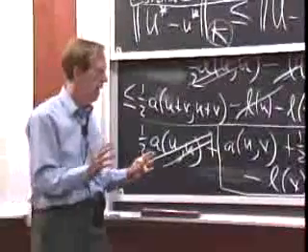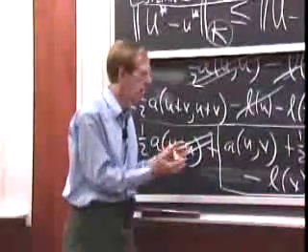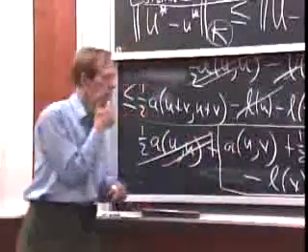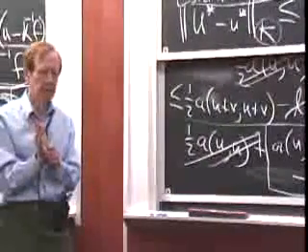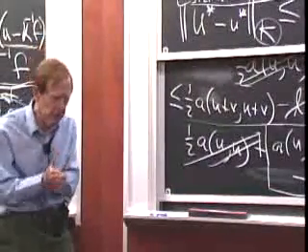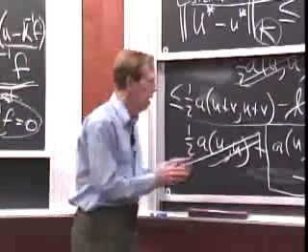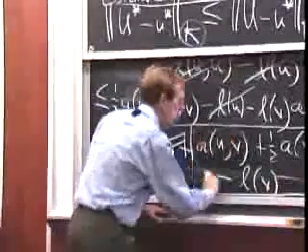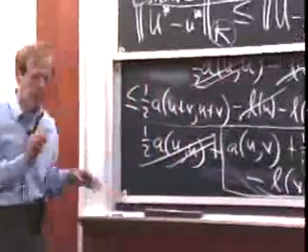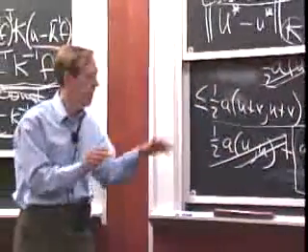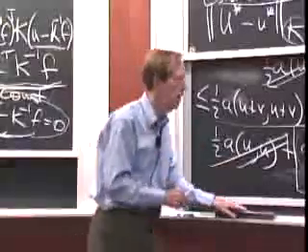So what has to happen for this to be greater or equal to 0 for all v? Like we're taking the derivative in the direction of v. We're moving in the direction of v. And this is the first order term. That's the first variation. That's what has to be 0 for all v.